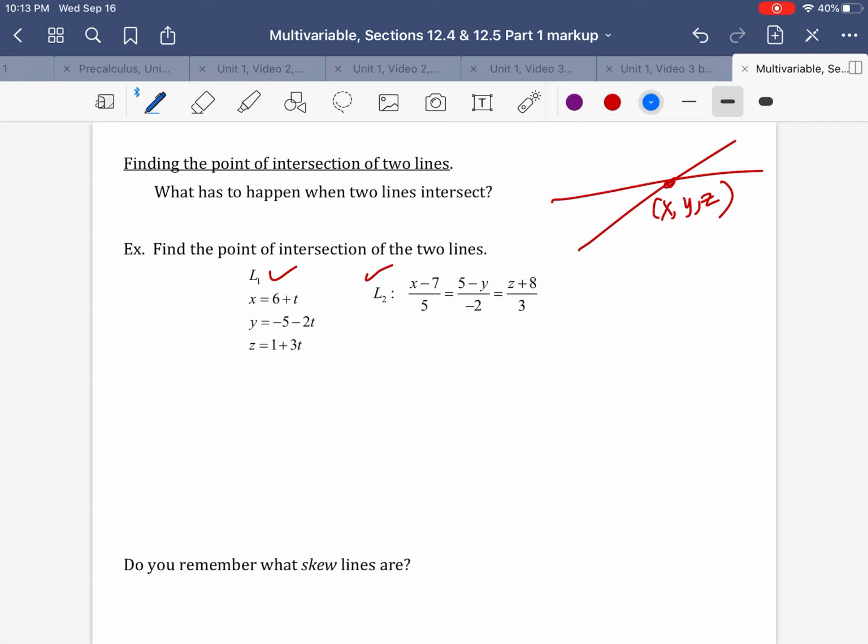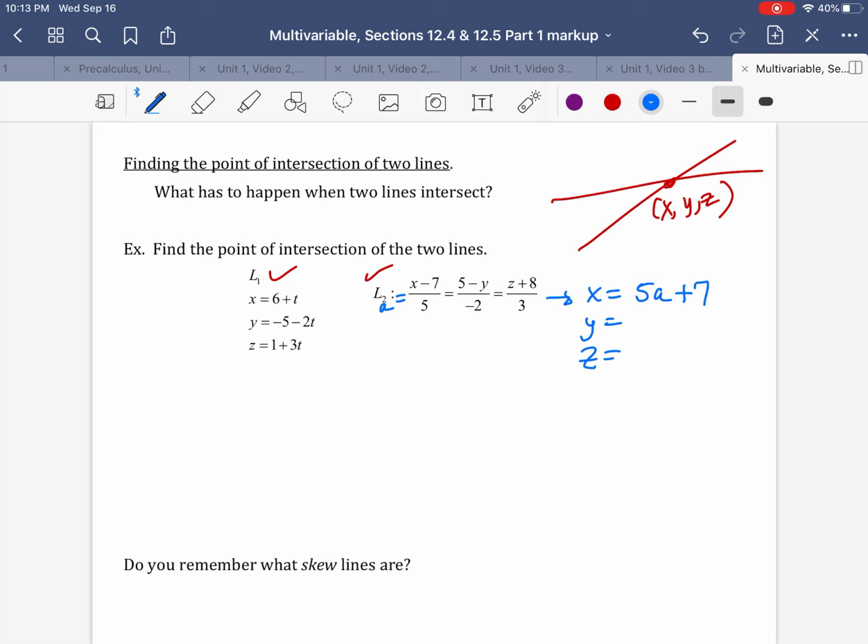All right, so I already have equations in L1 right here for x, y, and z. I'm going to go ahead and change these to be also in parametric form. X equals, y equals, and z equals. Now, you can't use the letter t again because I've already used it as my variable in my other problem. All right, so I'm going to use, how about the letter a? So if I pretend all these are equal to a, I would have that x equals 5a plus 7.